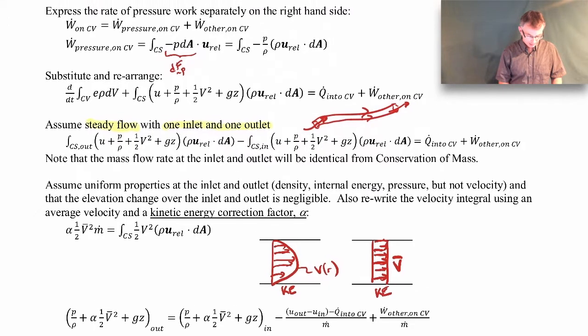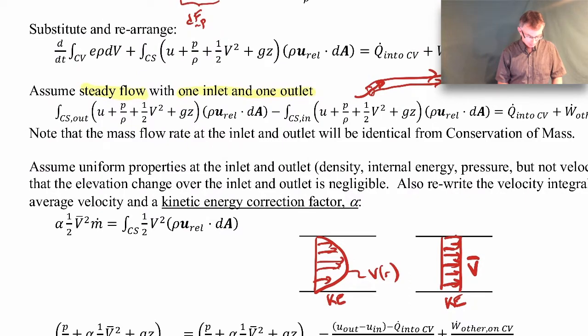The way we define it is we take the kinetic energy using the average profile multiplied by the mass flow rate, because remember this velocity here is multiplied by the mass flow rate. So I take the average velocity, find the kinetic energy of that, multiply it by the mass flow rate, and multiply by some correction factor, such that I get the same kinetic energy flux as the real profile.